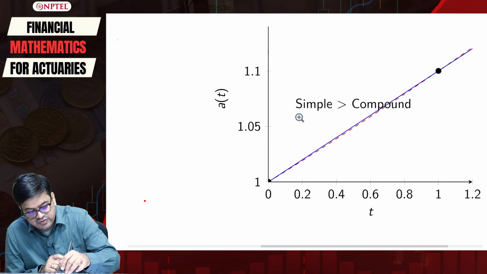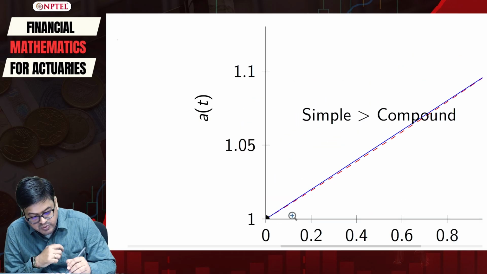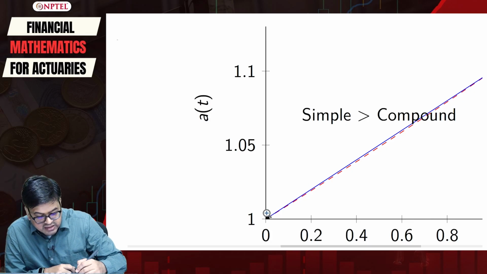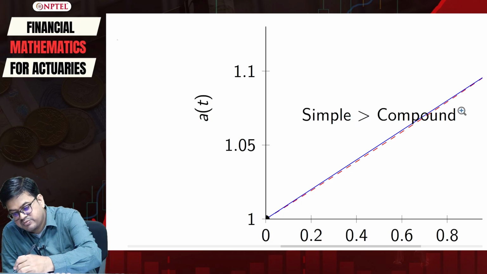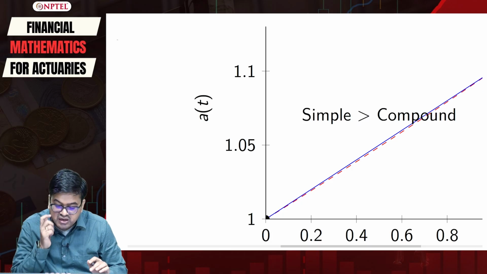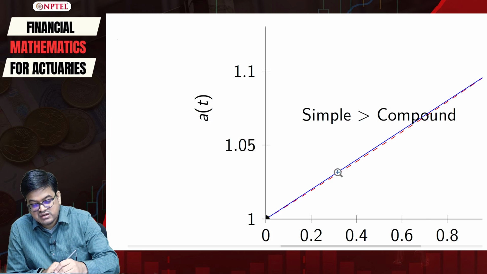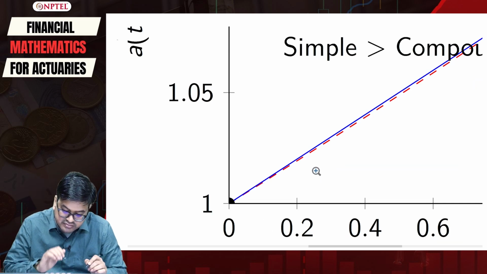If you can see this, over the period 0 to 1, the compound interest curve actually lies below the simple interest curve, and that is where you have a potential for simple interest to magnify, right.